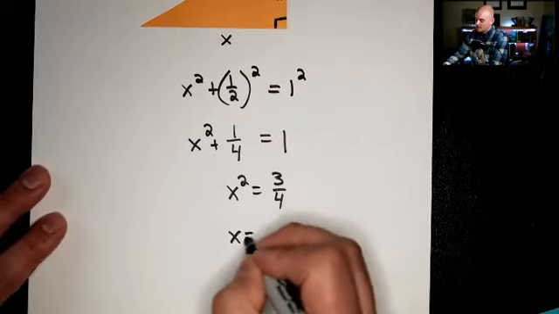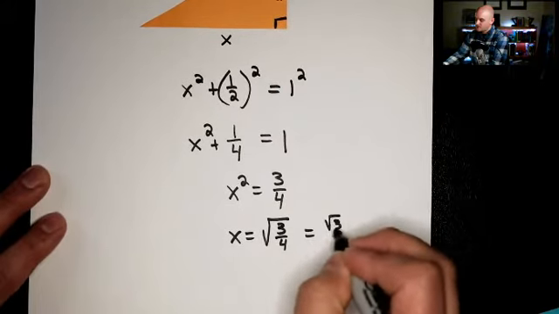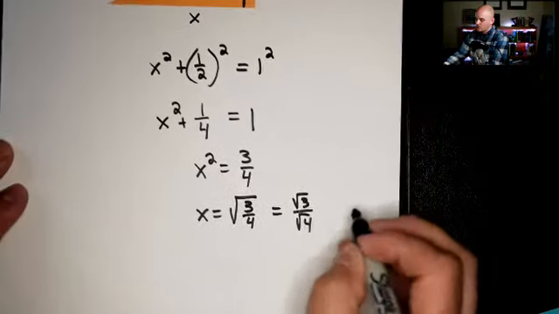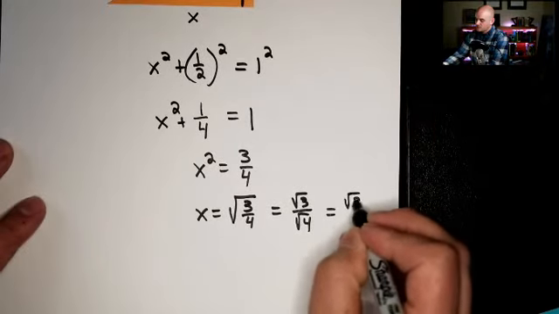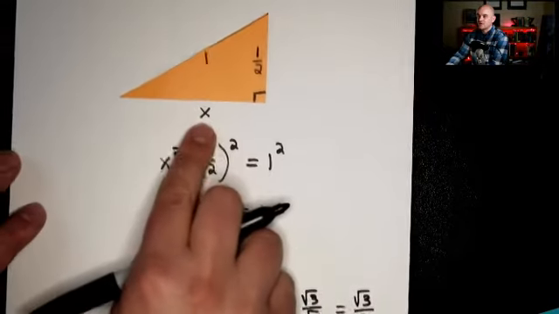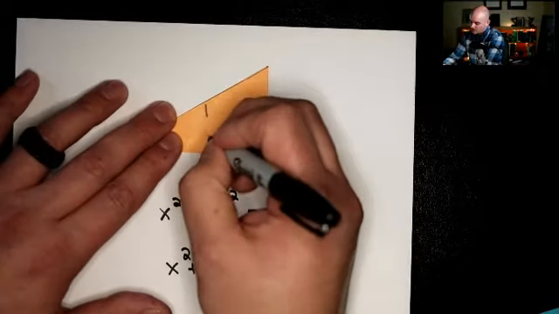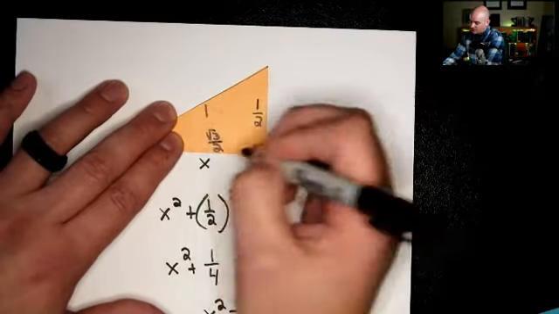Square root both sides, and you get x equals the square root of 3/4, which equals square root of 3 over square root of 4, which equals the square root of 3 over 2. That is their length for this third side here, the value of x, square root of 3 over 2.